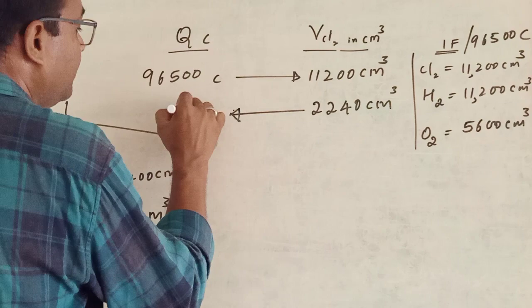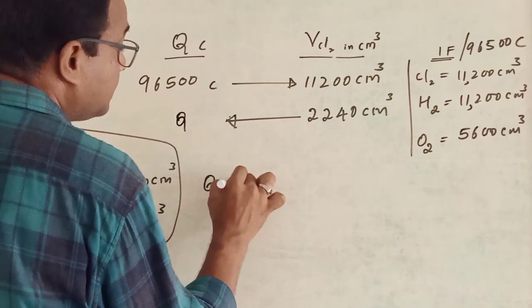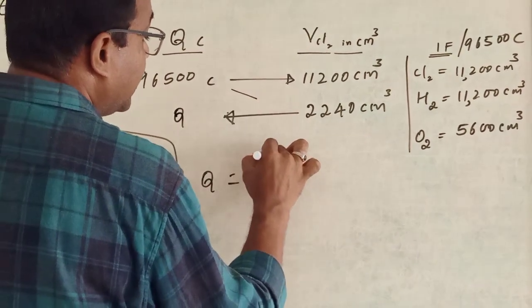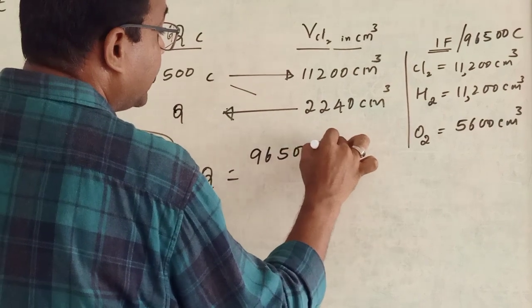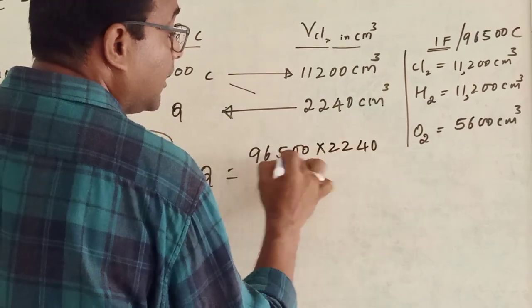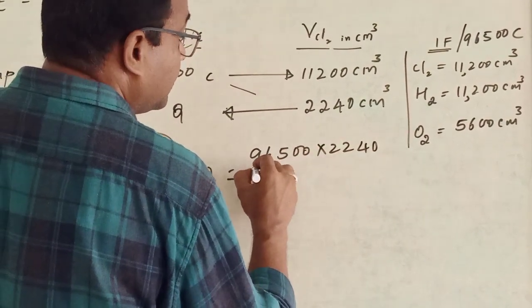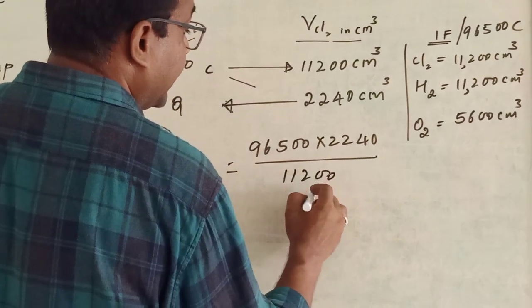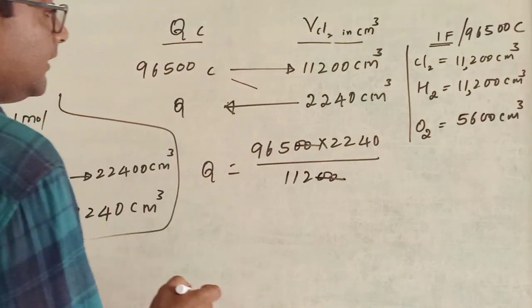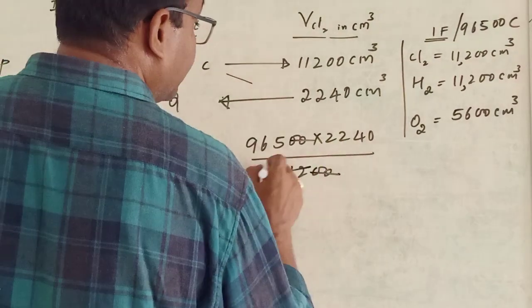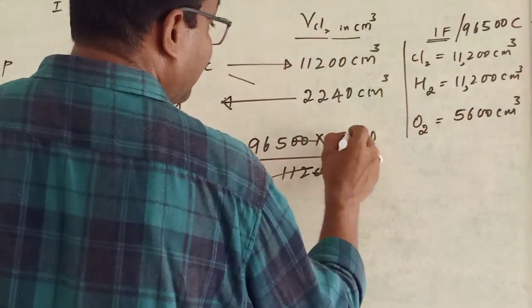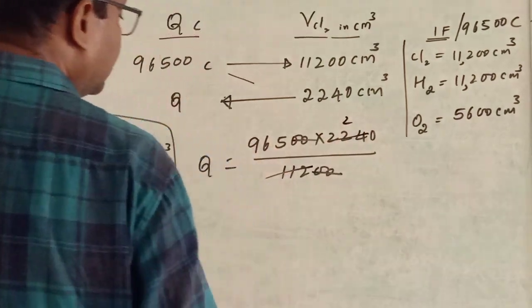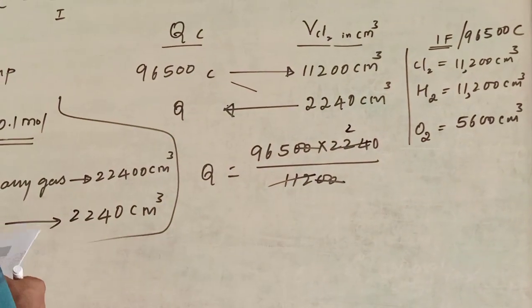Let it be Q. Then Q must be cross multiplied: 96,500 into 2240 upon 11,200. So it gets cancelled. Then this becomes 1 and this becomes 2. Then just multiply the value.